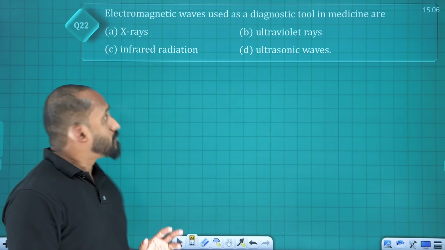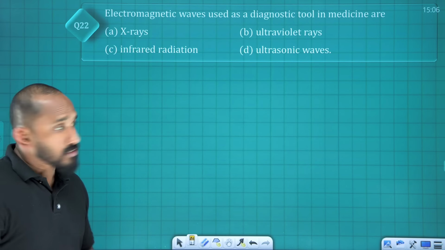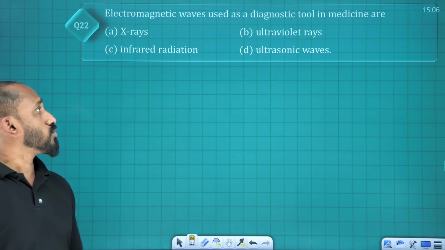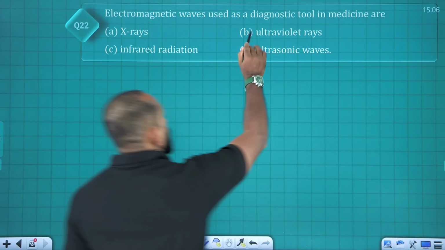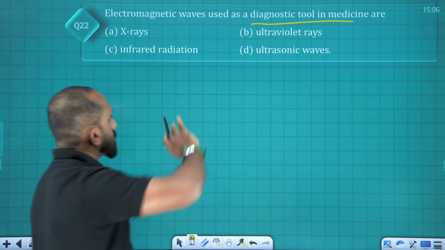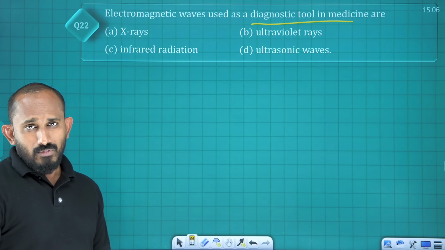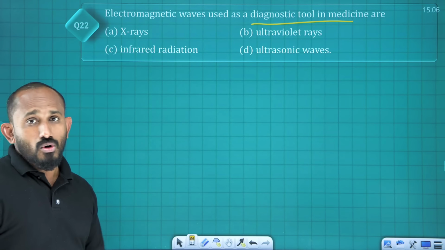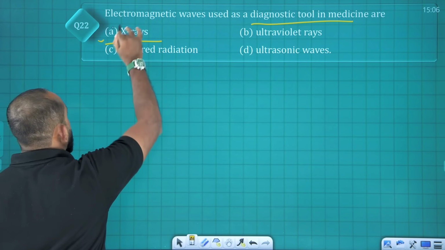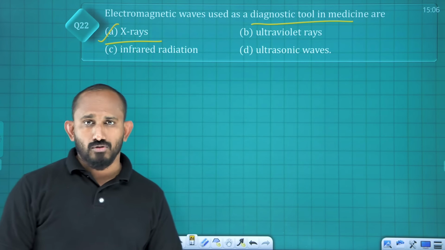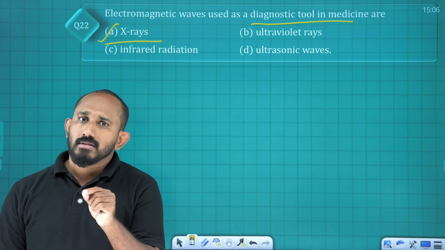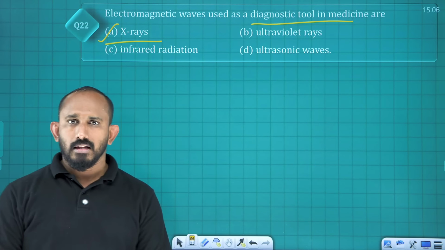The next question is, electromagnetic waves used as a diagnostic tool in medicine are: X-rays, ultraviolet rays, infrared radiation, ultrasonic waves. So, EM waves are mentioned. X-rays is the correct answer for medical diagnosis. I told you gamma rays can also be used for medical diagnosis, as in modern medicine.